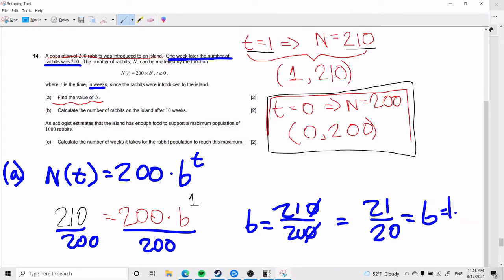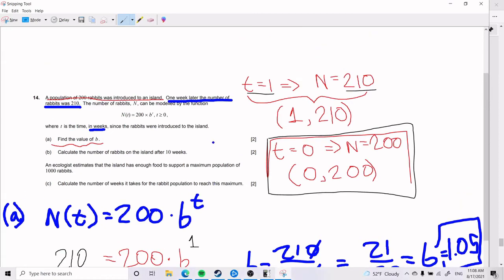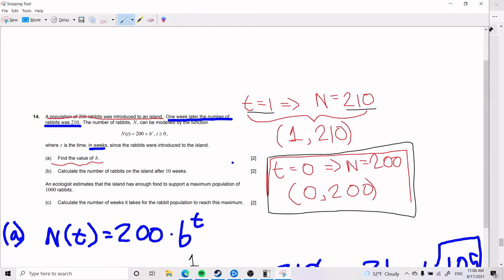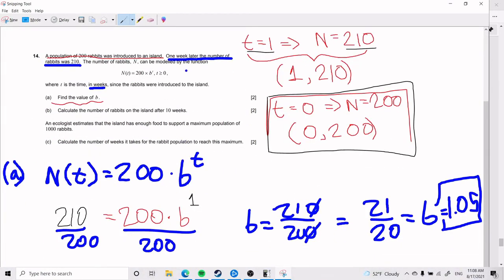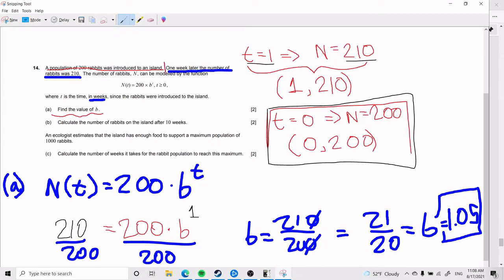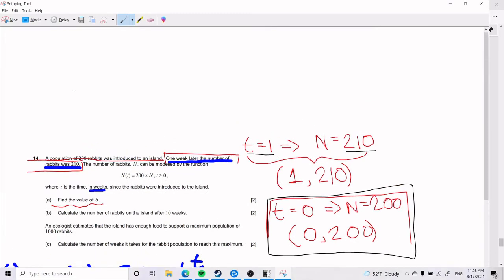So our b is 1.05. So that is for part A. The most important thing I think for part A is understanding that if they give you a piece of information, you know you're gonna have to use it somehow. Okay. Anyway, for part B, we can calculate the number of rabbits on the island after 10 weeks.